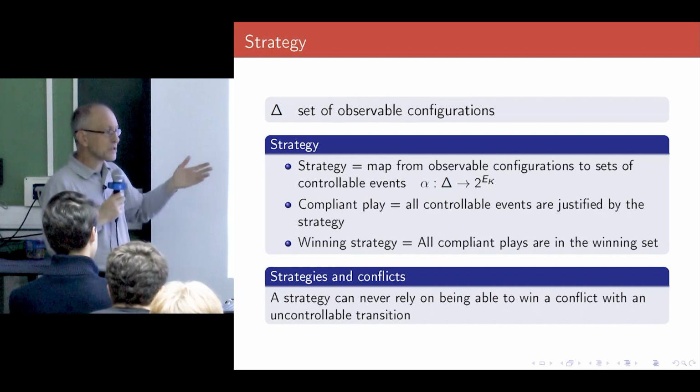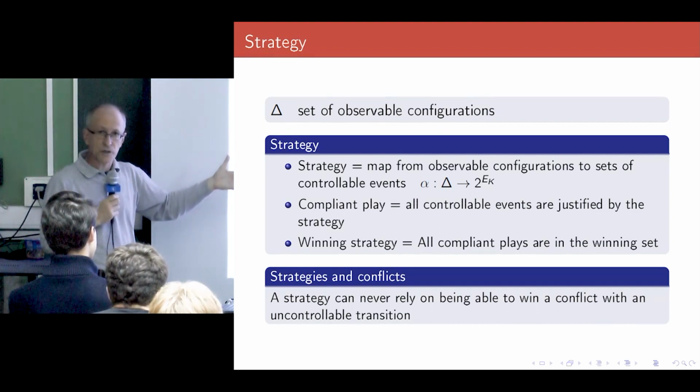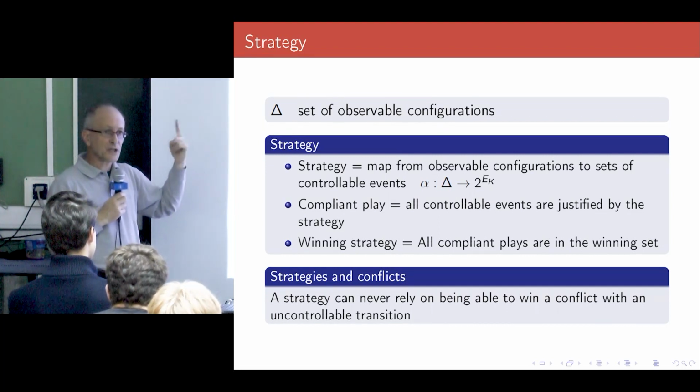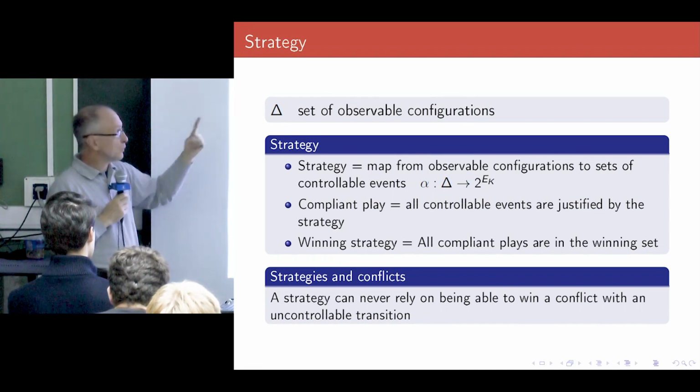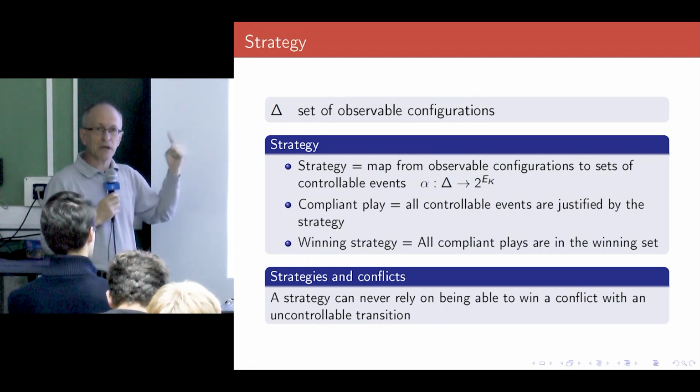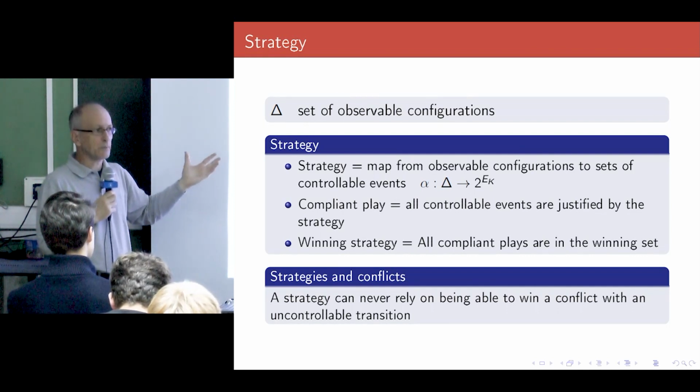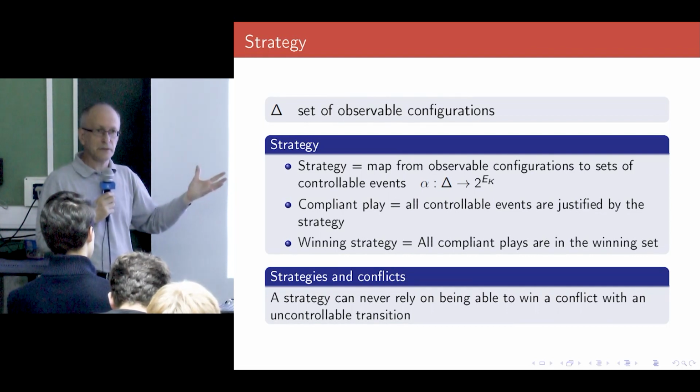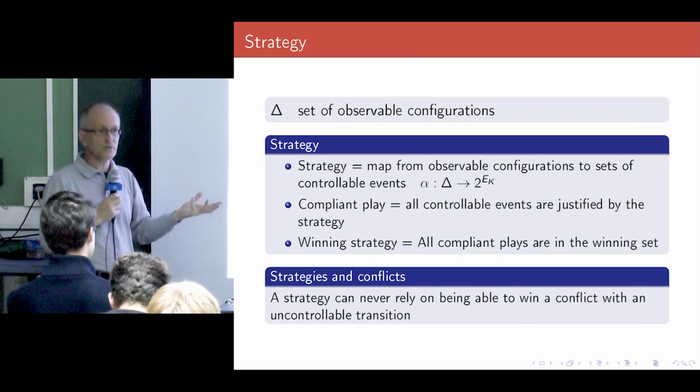In this case, we will say that the strategy is winning. If there is just one play which is compliant to the strategy, but is won by the environment, then the strategy is not winning, because it does not guarantee that the player will certainly win.